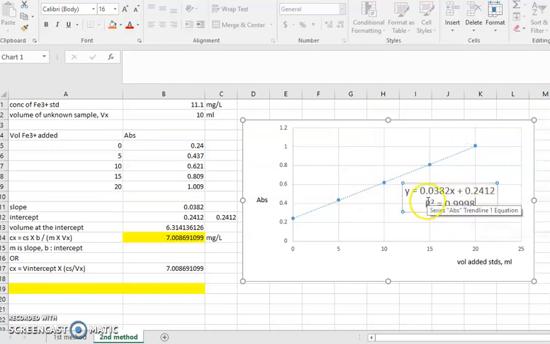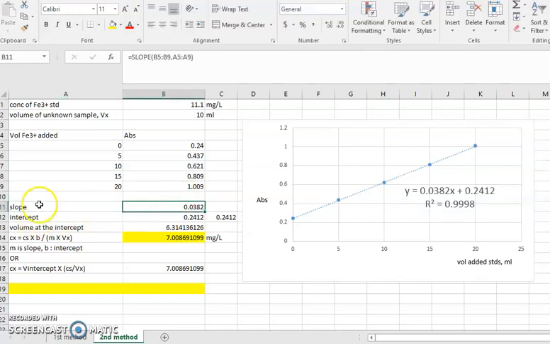As I said in the previous class, it's wise to double check whether this slope and intercept is correct or not. It's simple: you can calculate the slope by going to function and finding the slope function.